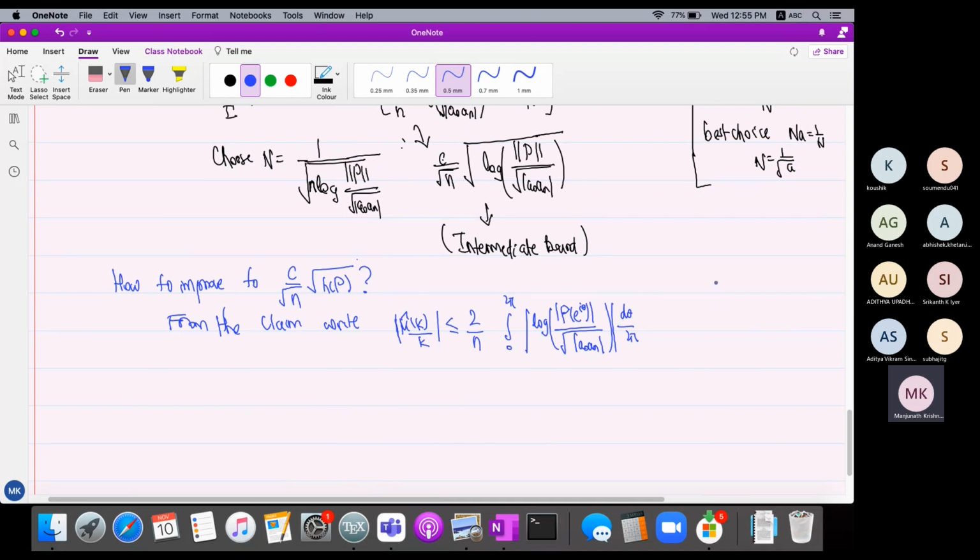But the absolute value of any number, if you write it as positive part minus negative part, then the absolute value is the positive part plus the negative part. If I add these two, is that right?